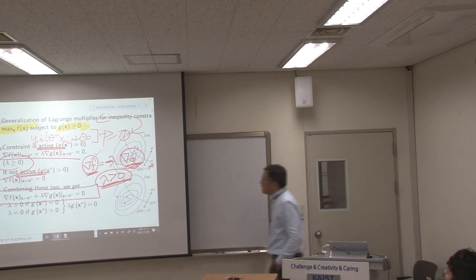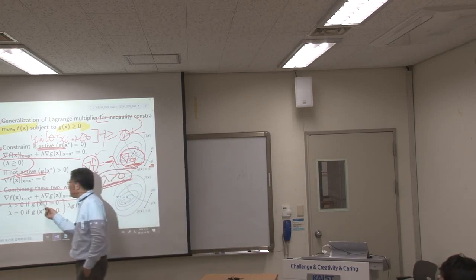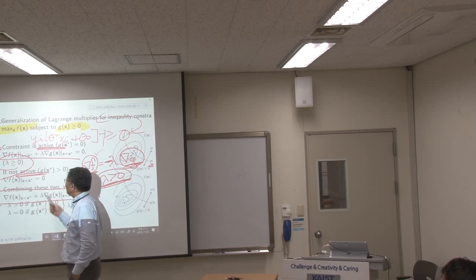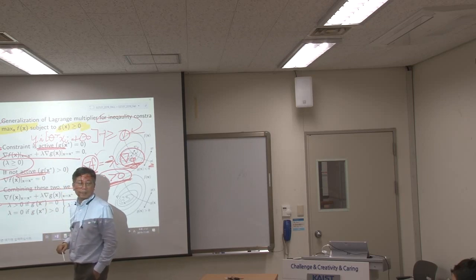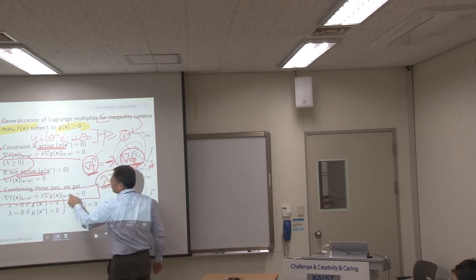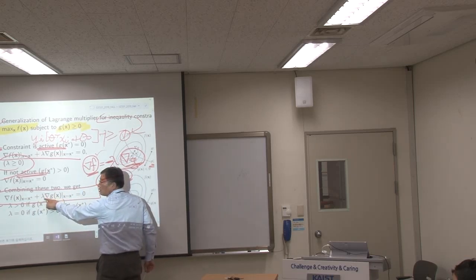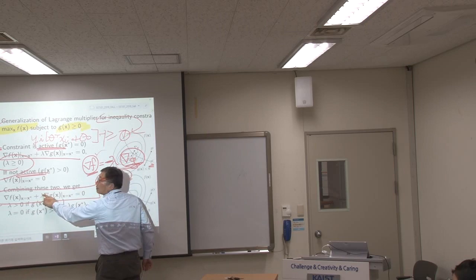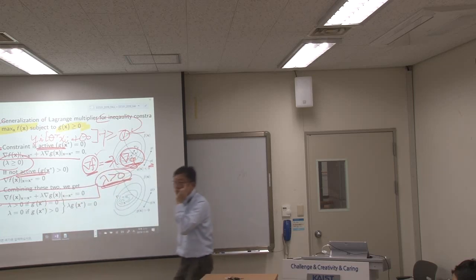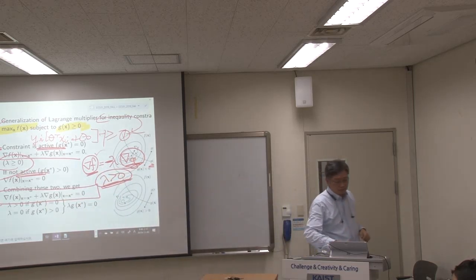To represent the inactive case, lambda equals 0. If it's active, lambda here is positive. So to combine this, for this problem, what's the constraint on lambda? It is non-negative.